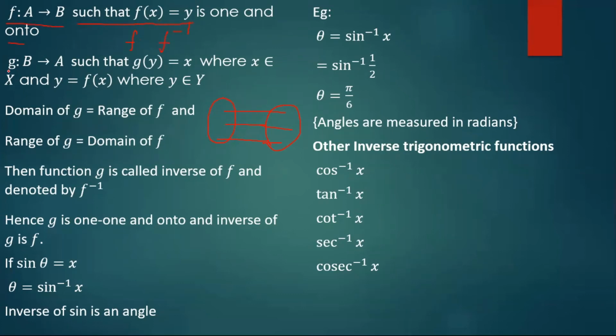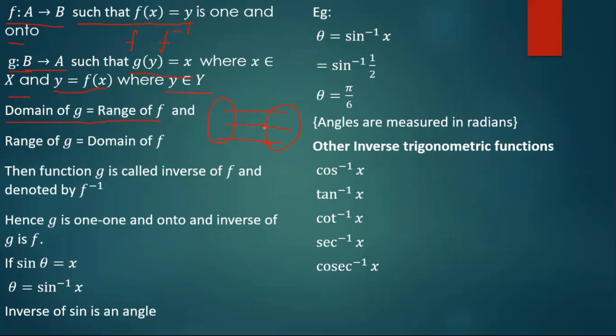Then another function g, from B to A, such that g of y equal to x, where x belongs to X and y equal to f of x, where y belongs to capital Y. Here, the domain of g is equal to the range of f.